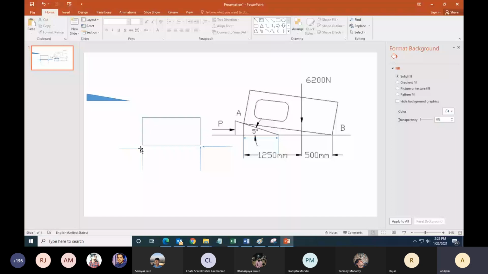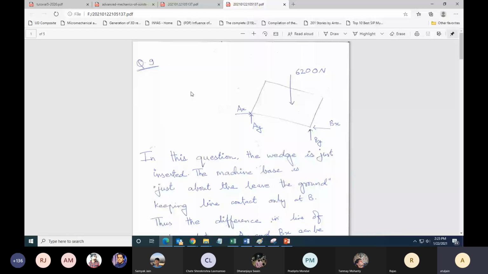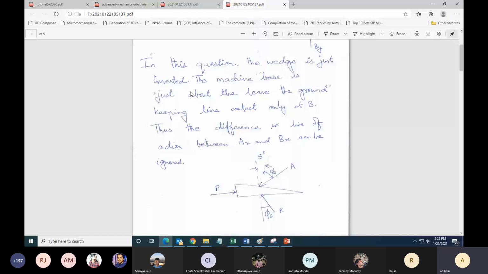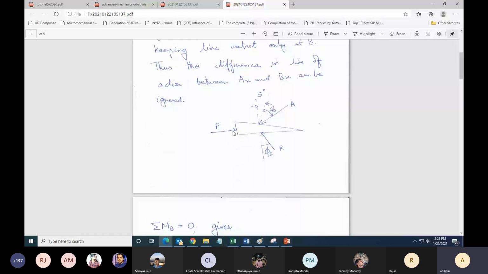For any resultant A, the resultant A is perpendicular to the wedge, that I can agree. The resultant A is at an angle phi s from the normal to the wedge, but it can still be broken into AX and AY. Why not? So then only one is unknown. Only the magnitude of A is unknown because we know the angle.